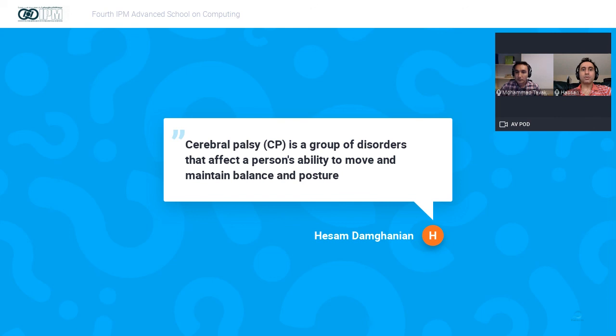I don't know what causes cerebral palsy, but if it's related to the cerebellum, to the brain, then right now there is a lot of push in ultrasound to treat different brain issues using focused ultrasound.